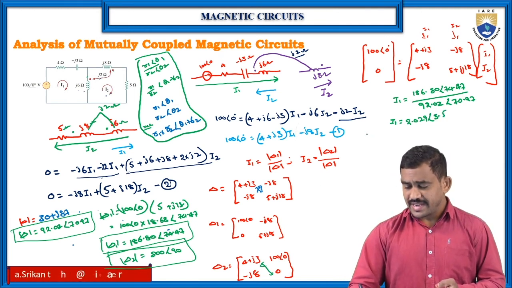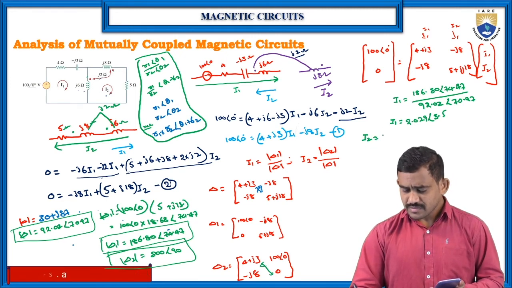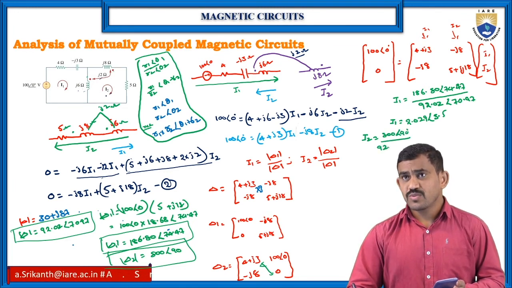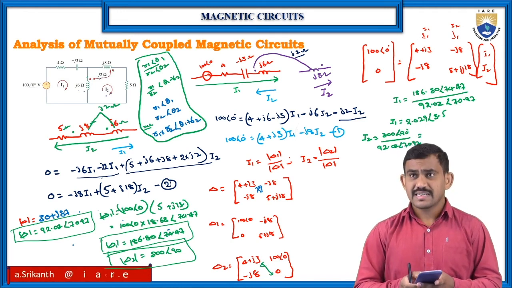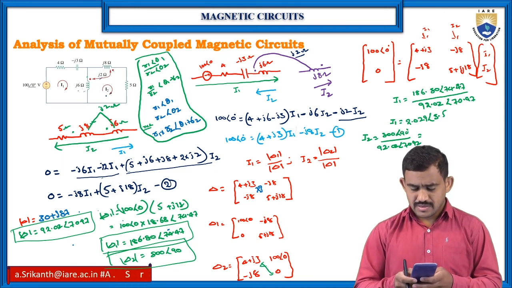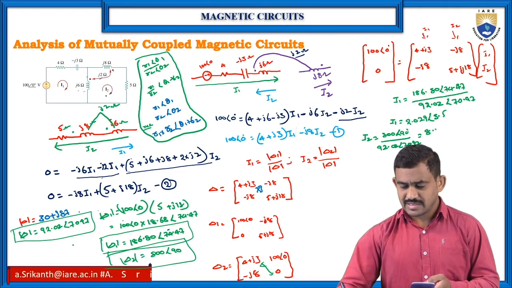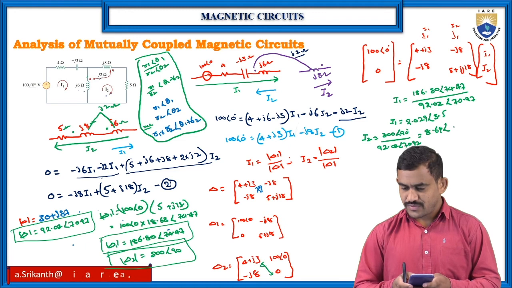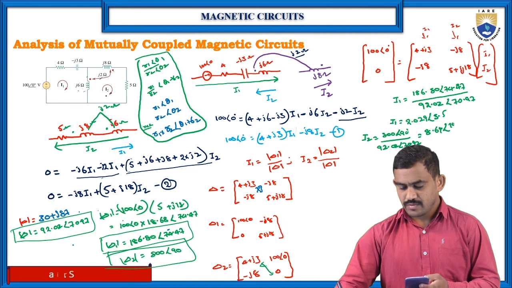Coming to the I2 value, it is the same as I1. That is del of delta 2, 800 angle 90, by 92.02 angle 70.97. So 800 divided by 92.02 gives 8.69 angle with 90 minus 70.97, so 19.02.